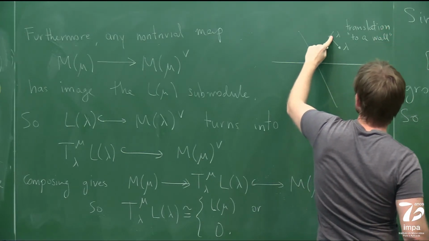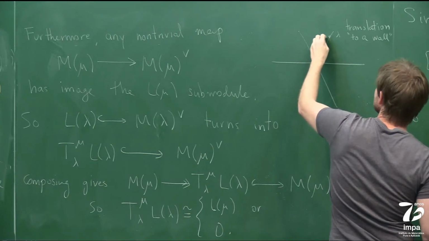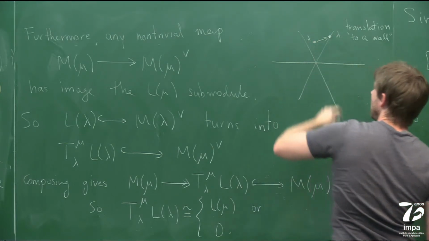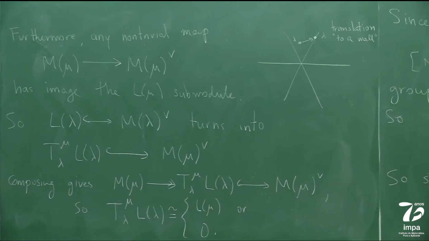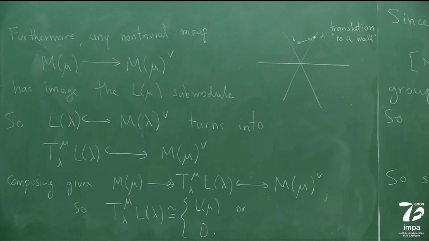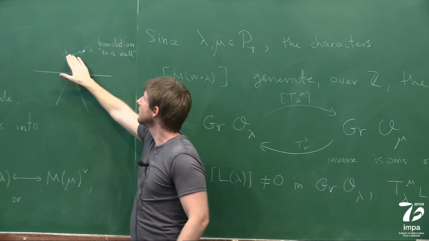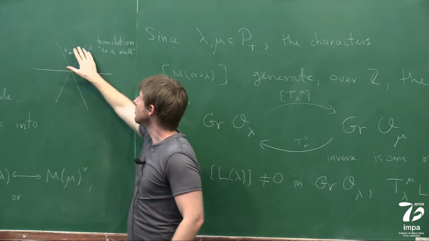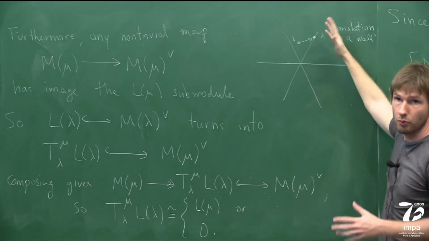And actually, I forget if it's better to translate down or translate up. I think maybe it's better to translate up to a wall. But the point is, most of the theorems that I described here, which I only described for regular weights, also carry through in a slightly more complicated form for these kinds of translations, going from a chamber to a slightly more singular chamber, or to a wall.